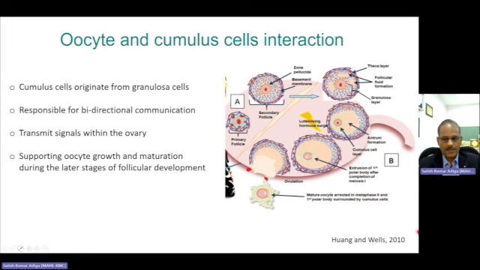These cumulus cells establish connections with the oocytes through gap junctions and are responsible for the bidirectional communication between the ovary and oocytes. Overall, the health of the oocyte is related to the quality of the cumulus cells. Hence, the cumulus oocyte complex assessment, or COC assessment, is considered one of the important steps in IVF techniques.